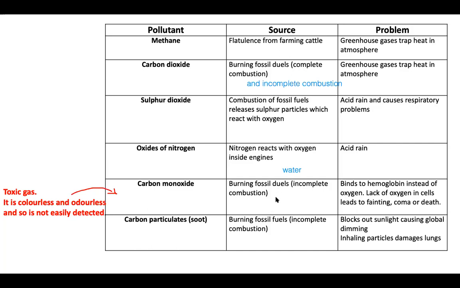You get that from burning fossil fuels with incomplete combustion. And the problem is that it binds to hemoglobin instead of oxygen. So the lack of oxygen in your cells can lead to fainting, unconsciousness, coma, or death. Carbon particulates or soot, you get them from burning fossil fuels, which gives you incomplete combustion. It blocks out the sunlight, causing global dimming, and also inhaling those particles will damage your lungs.